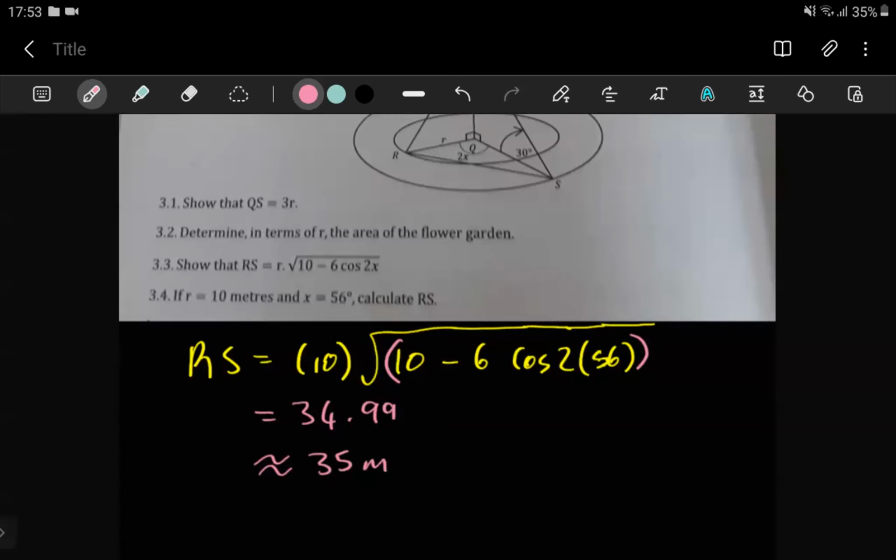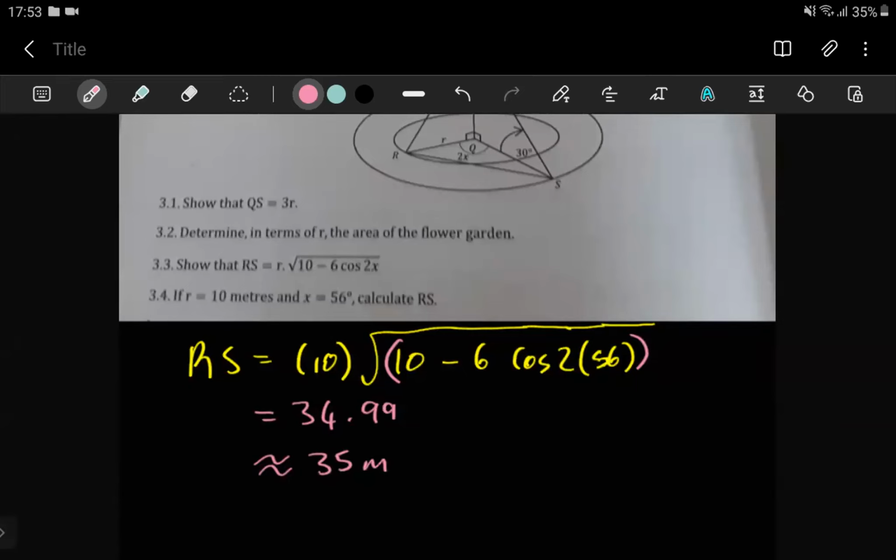Cos 2 times 56, right? This is like negative something. And then 6 times that value, we're gonna have negative 2 what. And then 10 and that value, we're gonna get that, and then square root of that value, we're gonna get that.